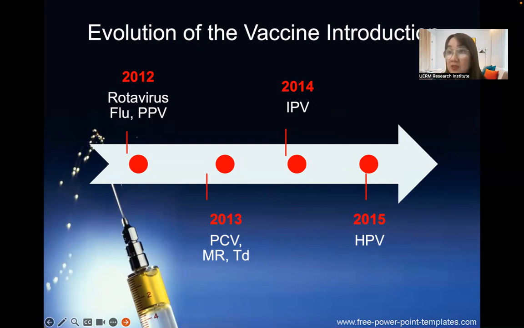In 2013, pneumococcal conjugate vaccine was introduced in ARMM and Caraga, which were the first beneficiaries of the program. In addition, measles and rubella, plus booster doses of diphtheria and tetanus, were given to high school students initially and later on to grades 1 and 7 public school students under the school-based immunization program. Inactivated polio vaccine was added in 2014.